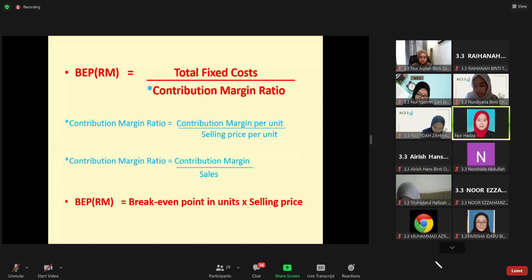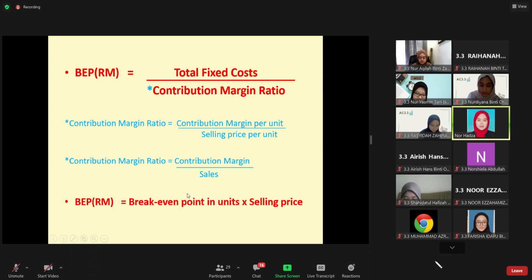You can use the total amount or per unit, you will get the same amount. Contribution margin per unit divided by the sales price per unit, or the total contribution margin divided by the sales revenue. So total fixed cost divided by the contribution margin ratio will give the break-even point in value.